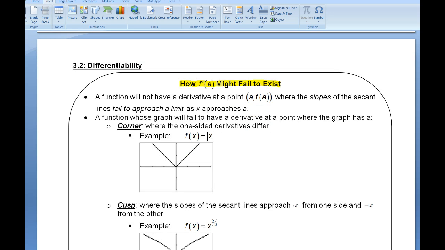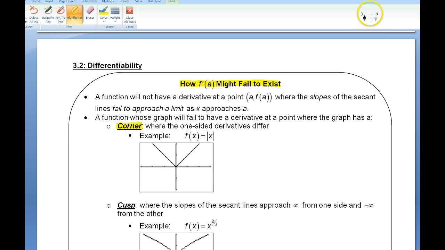Okay, so the very top we have a corner. And a corner is exactly what you would think it looks like. Specifically, it's where the one-sided derivatives differ. So this particular example here, I'm just going to write out the abbreviation.